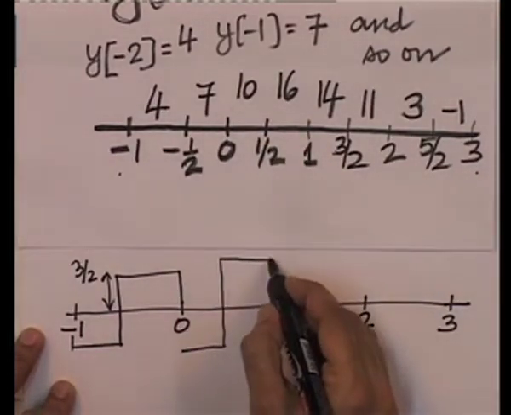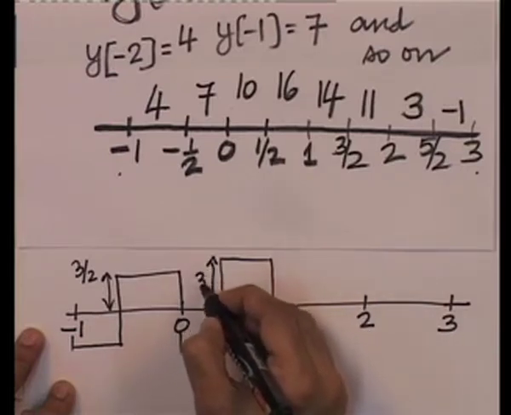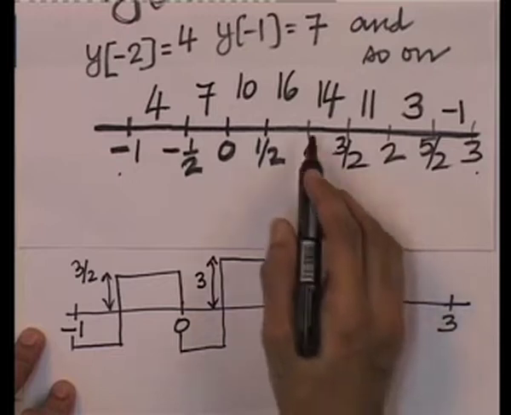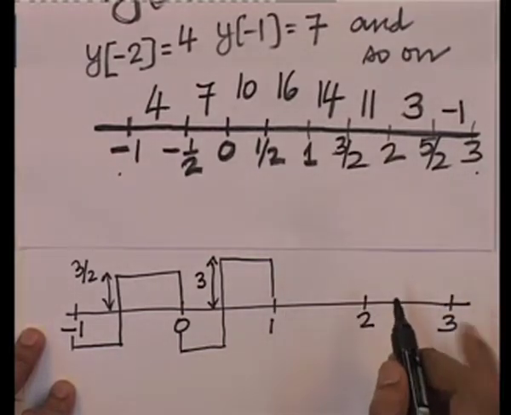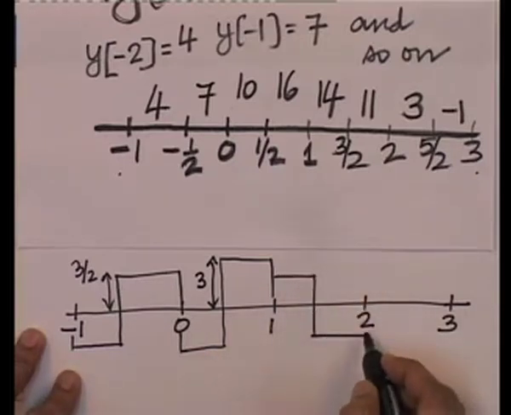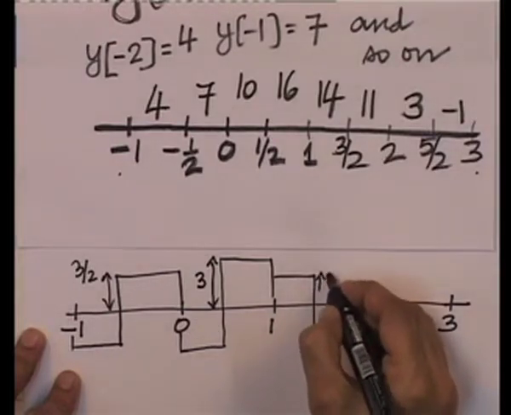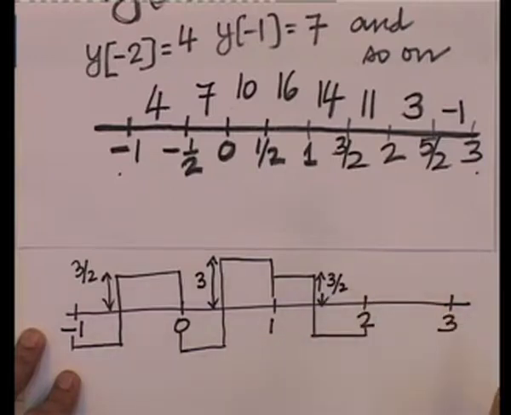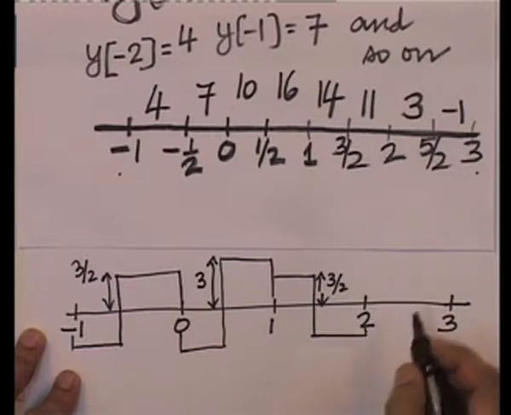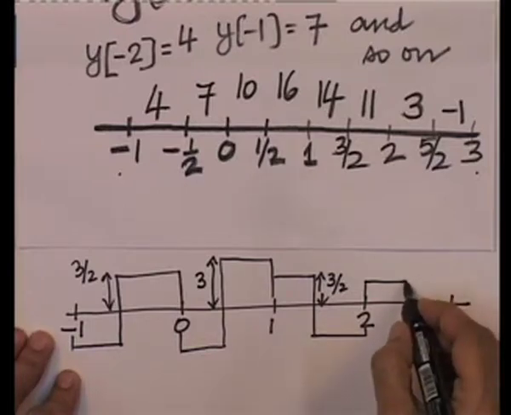So, of course, I am not drawing this to scale, I am just drawing it to be indicative. This height would be 3. Here between 1 and 2, you would have (14 minus 11) by 2, that is 3 by 2, but with a positive sign. So, you would have a multiple of psi t placed in this unit interval with a height of 3 by 2. And finally, in the interval between 2 and 3, you have a height of 1 and a positive multiple of psi t placed.